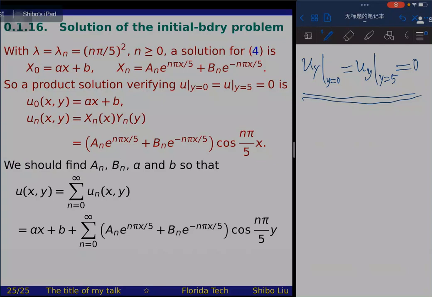So by our expression for u0 and un, we see that u is given here: ax plus b plus a series consisting of An exponential plus Bn exponential, multiplied by cosine.